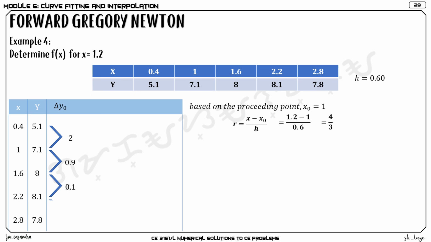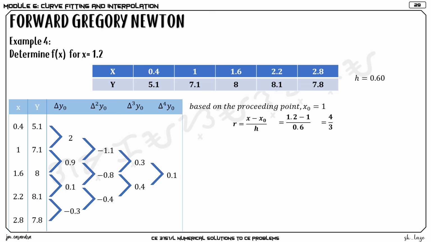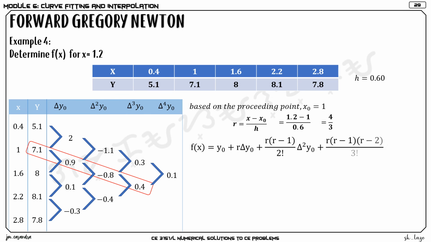So using our finite differences table, we'll now be using the values for y and the deltas using 7.1, 0.9, negative 0.8, and 0.4.